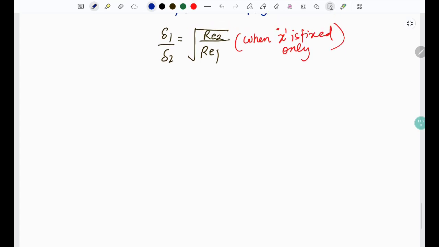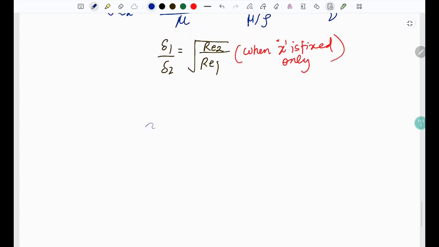But when both of these are varying, then what we have to do is, delta x1 is 5x1 over root Re x1.